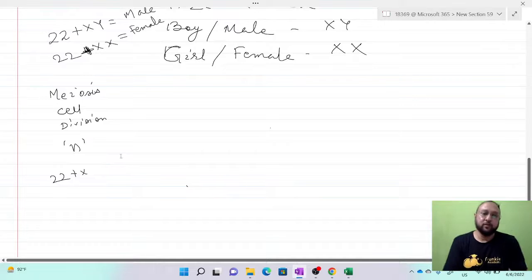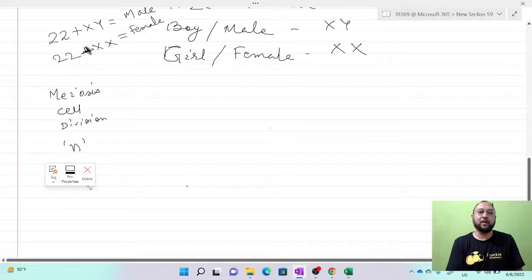Okay, 22 plus X chromosome means one set. This will be the condition in case of the female gamete, the ovum, egg cell.